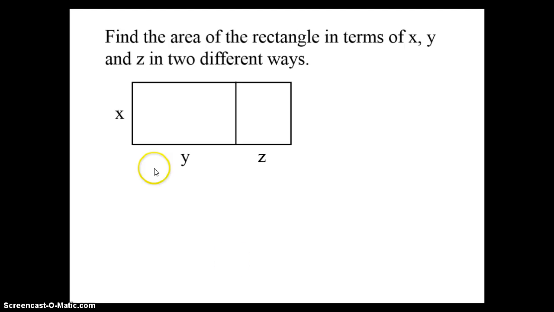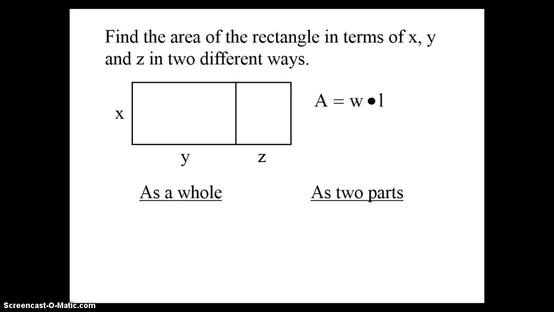So instead of using numbers, now I'm using letters, and we can see the area of the rectangle in terms of x, y, and z. So if I found the rectangle as a whole, then I would take the formula, which is the width times the length, or the length times the width.